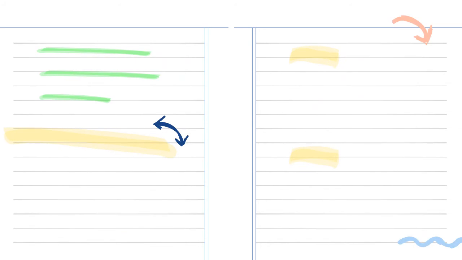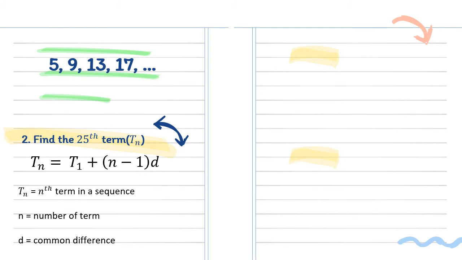Next, let's find the 25th term, or the tₙ. n is equal to 25 since we're finding the 25th term, and d is equal to 4, or the common difference. Next, substitute the values of n and d into the formula.